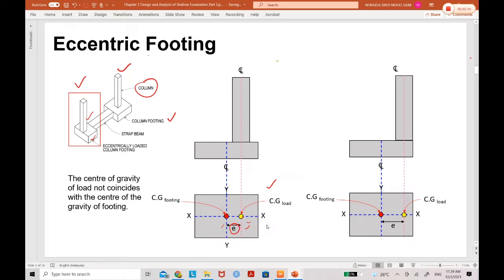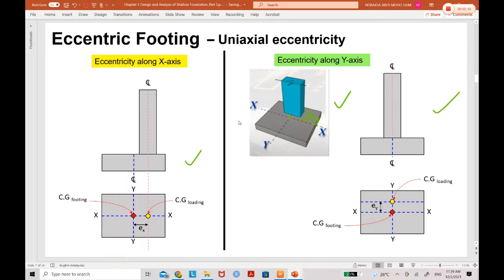Now, eccentricity can happen in only one direction, also known as uniaxial eccentricity. It can be in the x direction, or it can be in the y direction. As you can see here, if the center of gravity of the loading is separated in the x direction, this is eccentricity in the x direction.